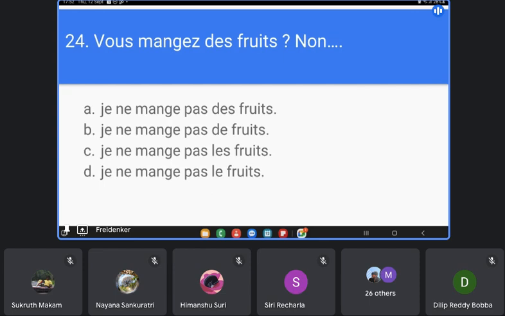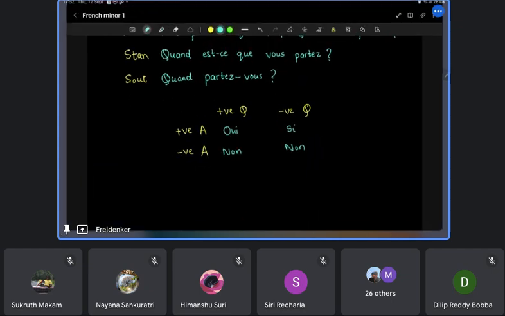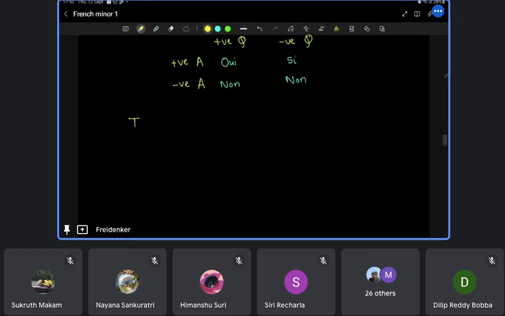Here the option will be option B because in negation, when there's a combination of avoir and an indefinite article, for example like this one, or when you have something like manger also, let's do avoir first.